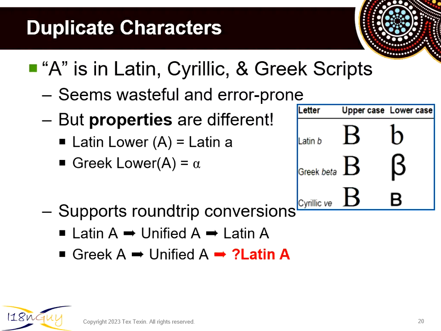In Cyrillic, you have the V, and that's going to look like this in a lowercase letter. So the semantics are different, and in particular, the properties are going to be different. And because we need to have different properties assigned to each of these characters, they essentially need to be different characters.